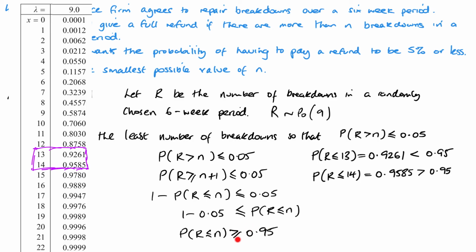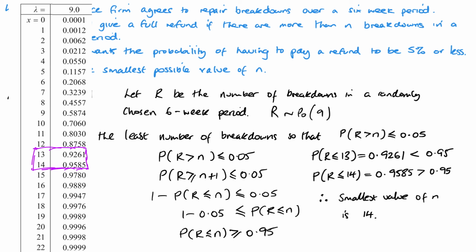That's what we want. So our value of n is 14. Therefore, the smallest value of n is 14, because obviously you could have a bigger value, couldn't you? And that's all there is to it.